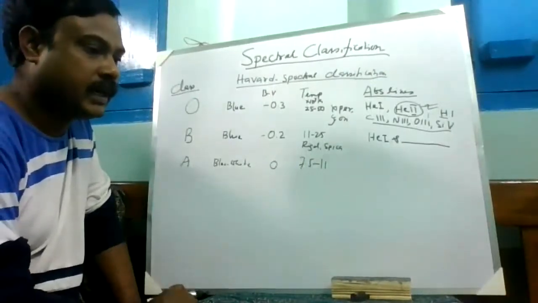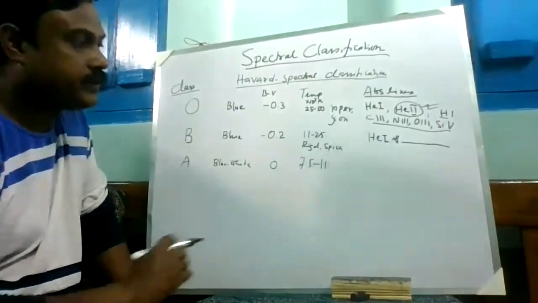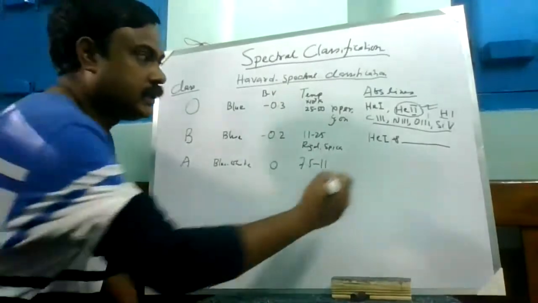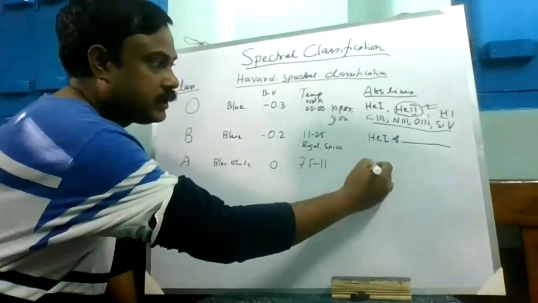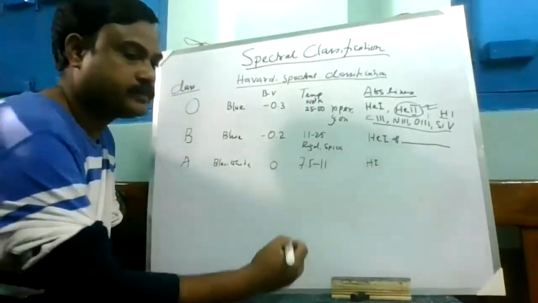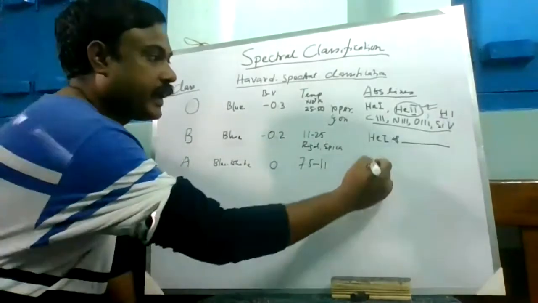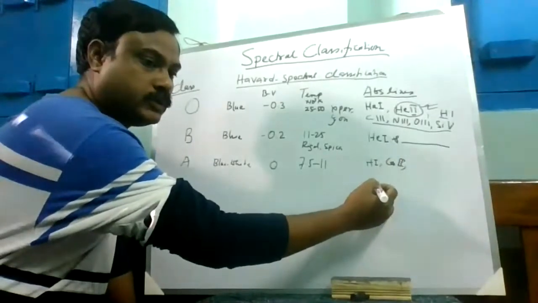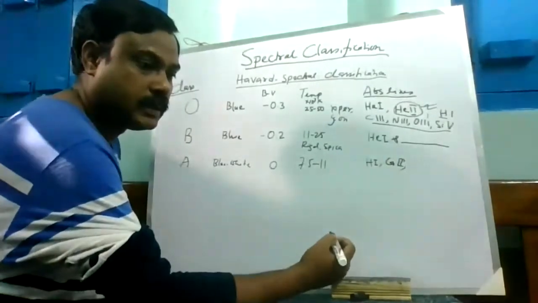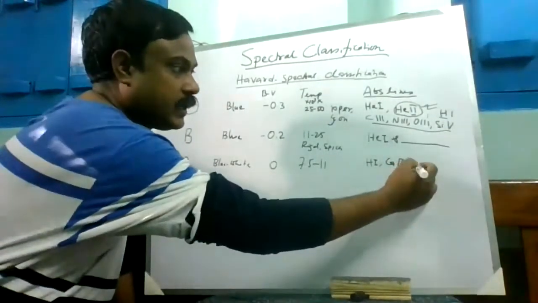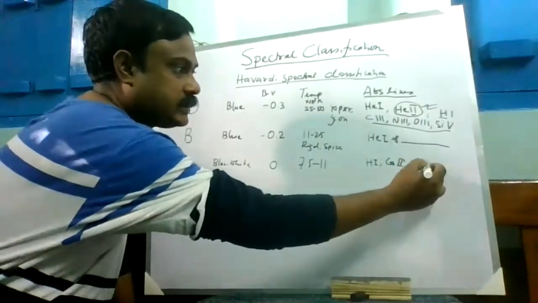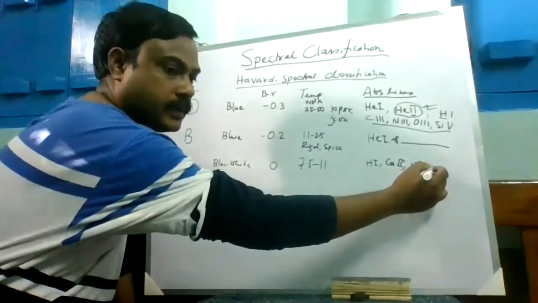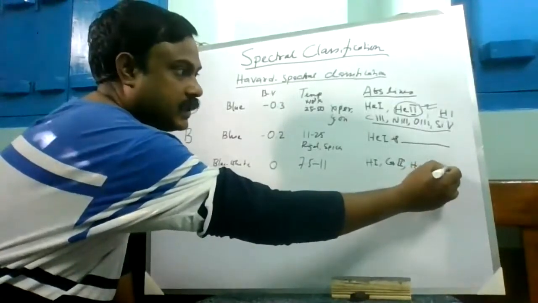The spectral lines that we observe for this class: hydrogen 1 is very strong, then calcium 2, neutral metals, H alpha, H beta, H gamma, H delta.